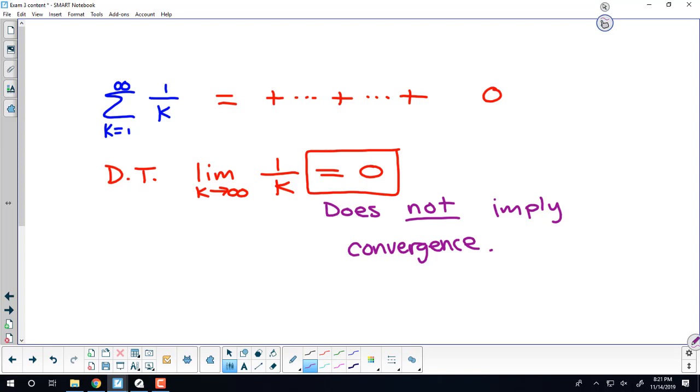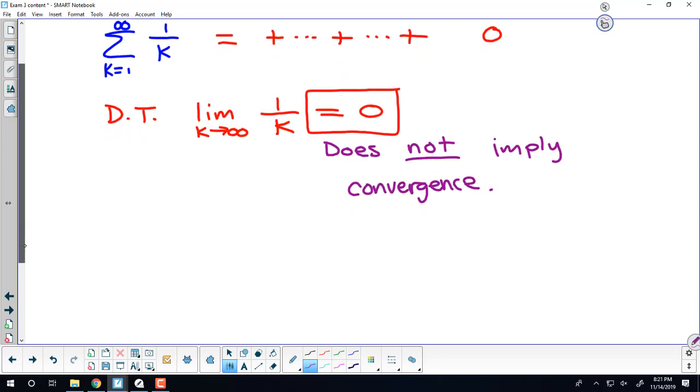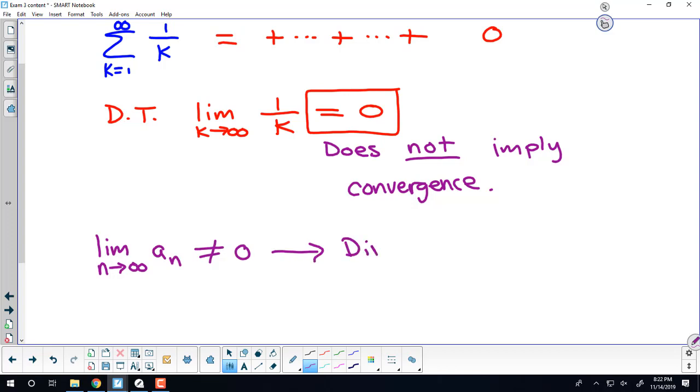Then we can say it diverges. That's the appropriate application for a given series.